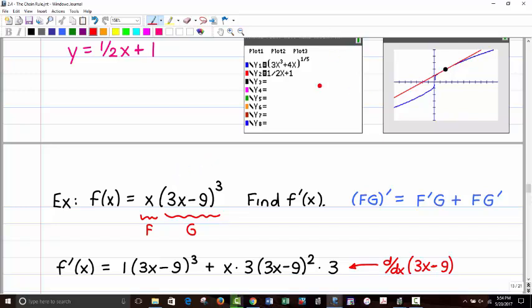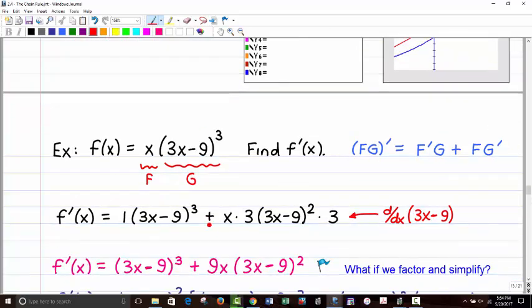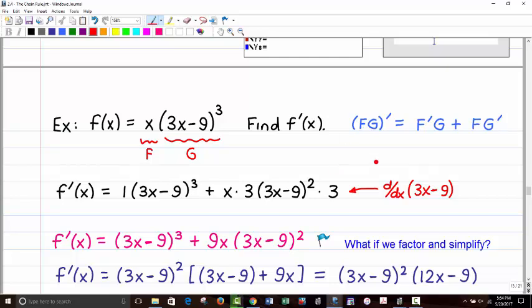So here's the product rule, f prime g plus f g prime. So the derivative of x would be 1, leaves (3x minus 9) cubed. And then for the next part will be f, which is the x, times the derivative of (3x minus 9) cubed, which means you bring the 3 down right here.